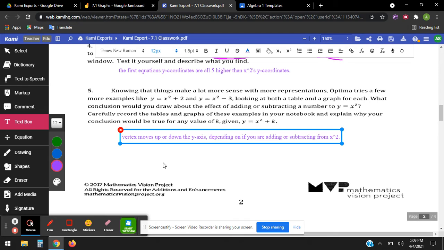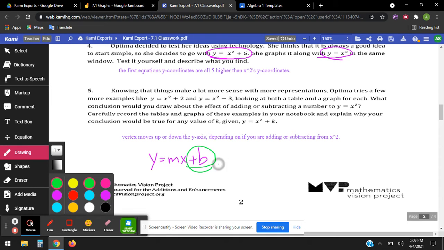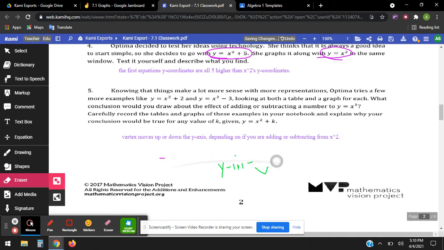So think of this kind of too. You know how we have y equals mx plus b? This plus b is your y-intercept or your up and down. So that's how much it's moving up or down on the y-axis. So that kind of is the same idea as over here. A plus or minus is affecting the y.